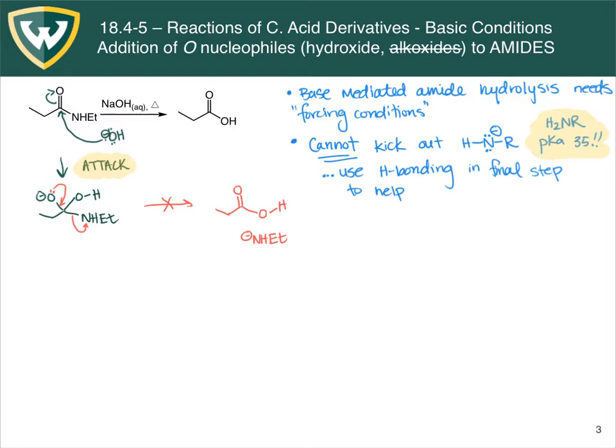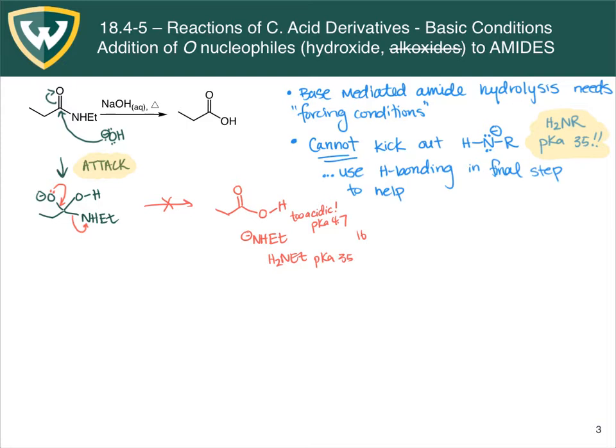First of all, this carboxylic acid is too acidic. We're forming this in a solution that has a lot of hydroxide, and hydroxide's pKa is about 16, so the reaction will lie irreversibly toward the carboxylate. The other problem is this one where the conjugate acid is pKa 35.